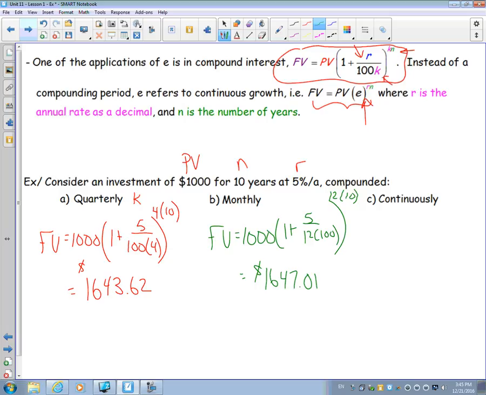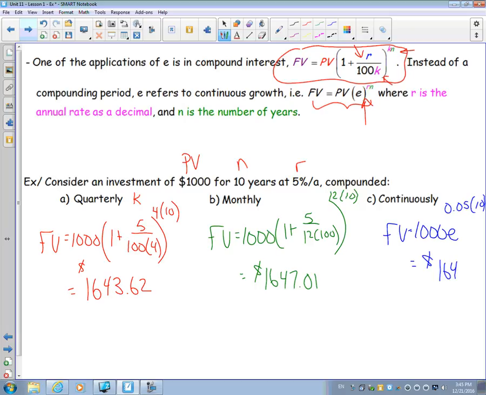And then if we take the last one, the continuous growth, our future value will be 1,000 E, 5% as a decimal this time. Okay, make sure it's a decimal for our 10 years. So what happens if we make this calculation even more rapidly, all the time, continuous growth? Not a different amount of money, just more often calculations.